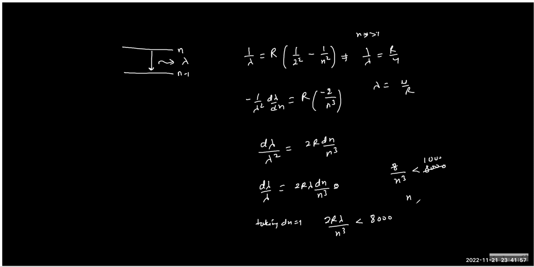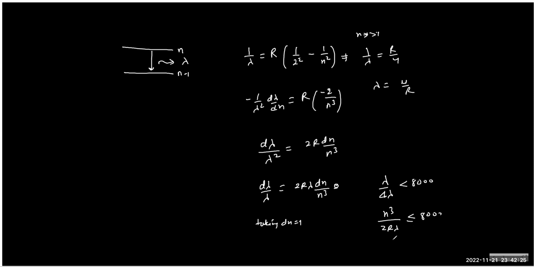Oh, sorry, it's the other way around. Lambda by delta lambda is 1,000. Just check the inequality. Anyway, we got the idea. What is given is lambda by delta lambda is, okay, I wrote it the other way around. So n cube by 2R lambda is less than 8,000, and then we know lambda into R is 4.